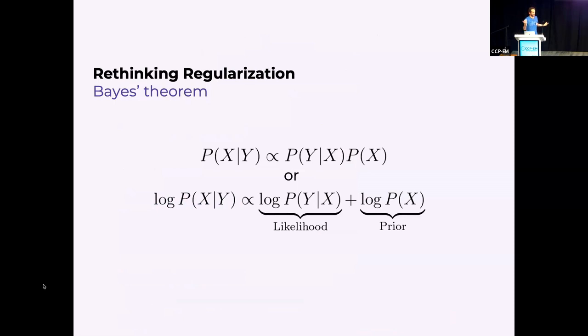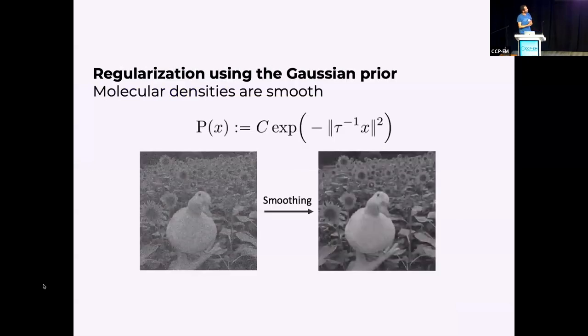So then, of course, it becomes a relevant question: what do I know about the map I'm going to reconstruct if I haven't measured any data? The way I did that back in 2012 was just to make an explicit assumption that the map is smooth in real space, or that its power is limited in Fourier space, and that led to quite a beautiful closed mathematical framework where you can directly optimize this regularized likelihood function.